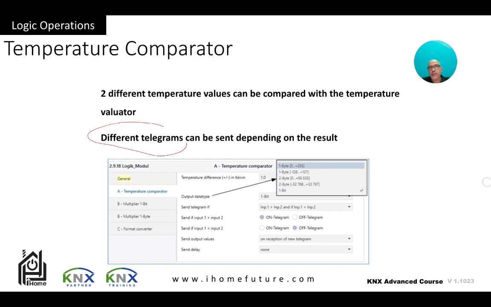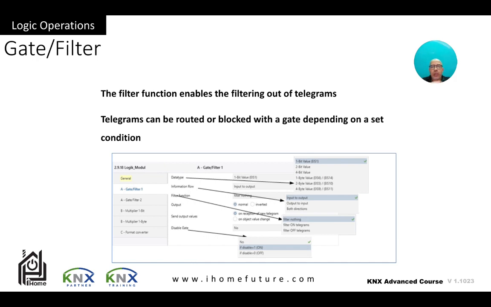Okay, gate or filter, this is when the condition is active, then a telegram can go. If the condition is not met, then the telegram itself can be blocked. So you send the telegram to the logic gate, to the logic module, but it's not going because a specific function is not met.